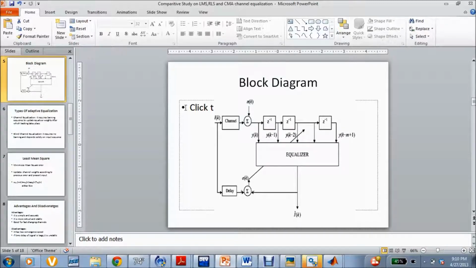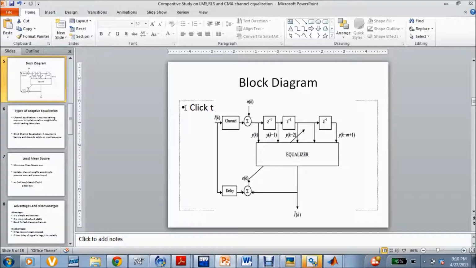As it passes through the channel, it gets distorted by intersymbol interference and spreads its symbols across the m delay elements. So the equalizer basically consists of a set of m delay elements, each of which has a certain weight.